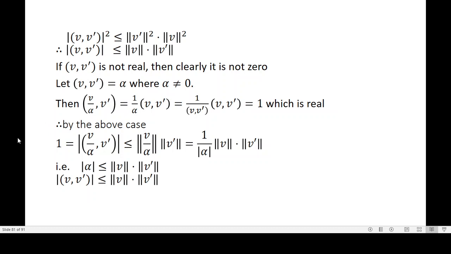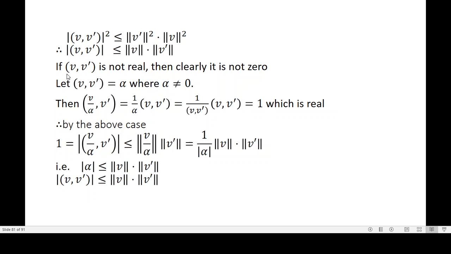You consider alpha equal to the inner product of v comma v dash so that v divided by alpha is meaningful. So consider the inner product of v by alpha comma v dash. Now this is equal to 1 by alpha into the inner product of v comma v dash, but alpha is equal to the inner product of v comma v dash, so substitute for alpha. So we have 1 over the inner product of v comma v dash multiplied by the inner product of v comma v dash. This is equal to 1.